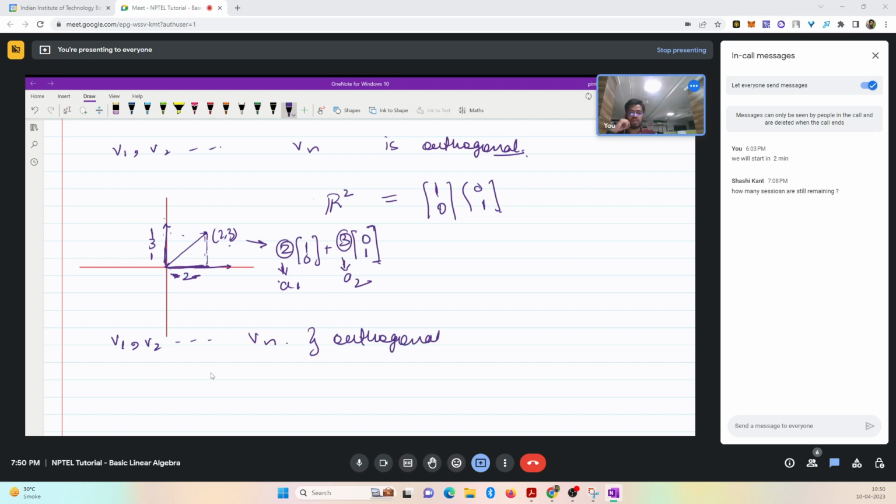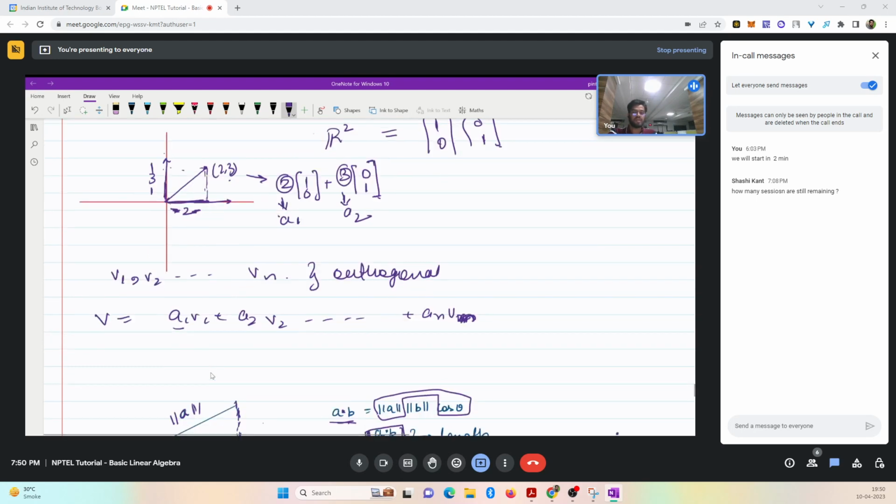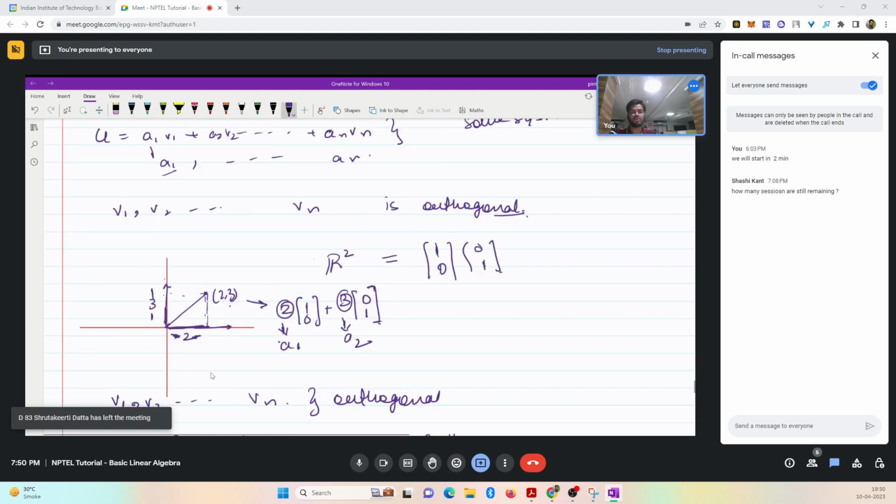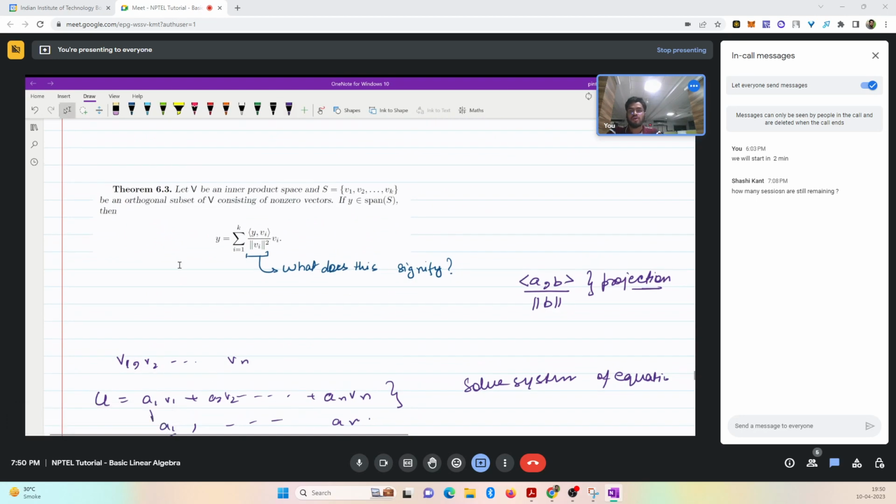Then if you want to write some vector v as a1 v1 plus a2 v2 plus ... plus an vn, we need not solve a system of equations to obtain a1 and a2. Instead a1 can be given as the projection of v onto v1, a2 similarly as the projection of v onto v2, and so on. So this is what is given by this theorem.